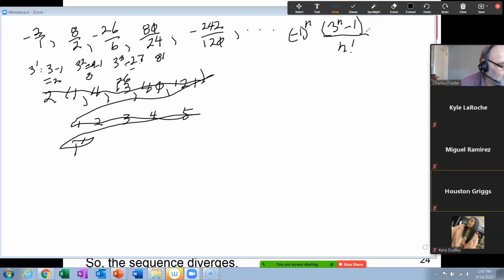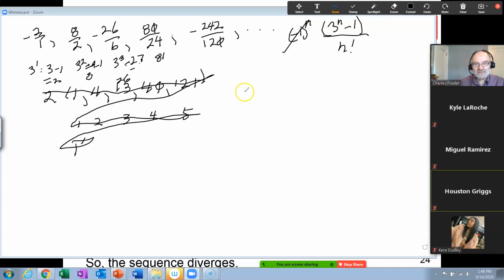Now the question is, I don't know if they're going to ask the question, decide whether that converges or diverges. Okay. Well, what we'd have to do is consider the absolute value of this. The absolute value of this is just going to let us throw away this one.